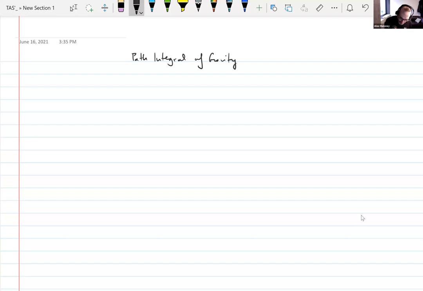So just to summarize what we've done so far, on Monday we had a sort of lightning overview of some interesting features of two-dimensional conformal field theories.